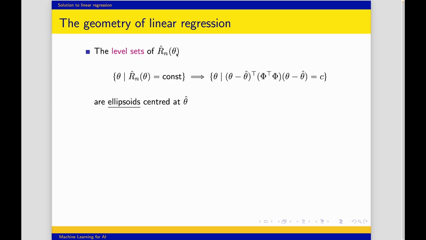Now, the level sets of the empirical risk, which I defined before, are these sets: theta such that the empirical risk is some constant.